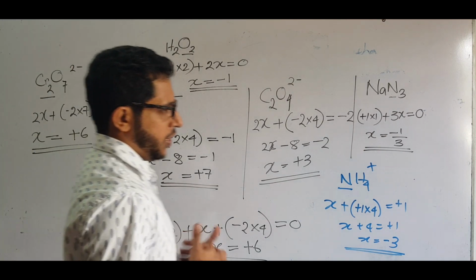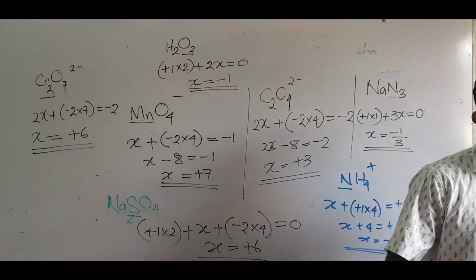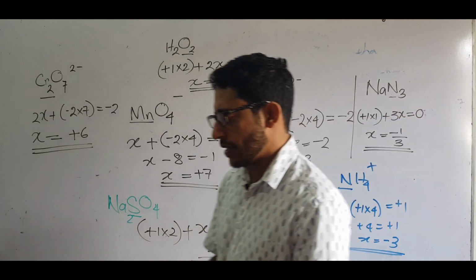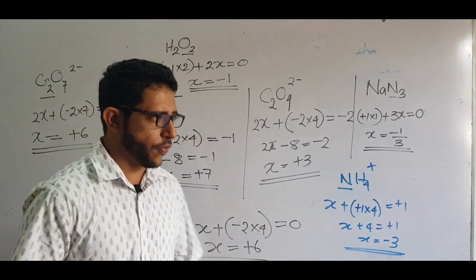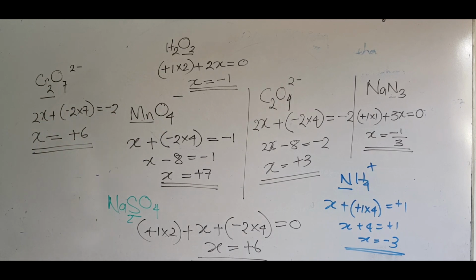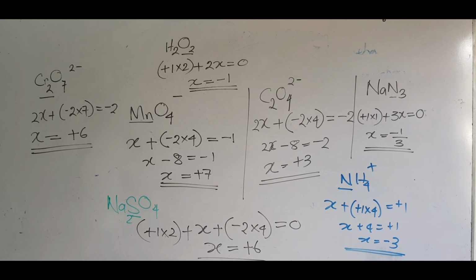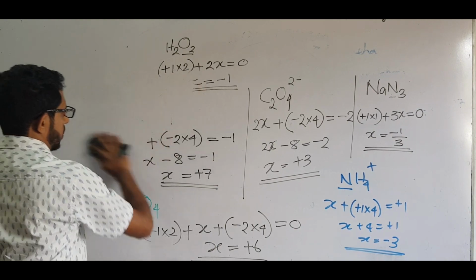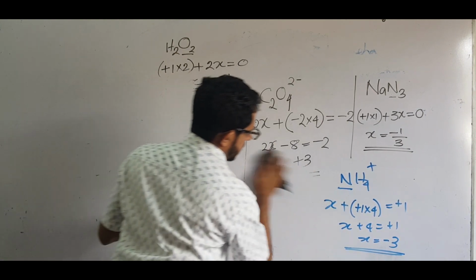If we go to the previous example, the permanganate and C2O4 2- example, we can find which element undergoes oxidation and which element undergoes reduction using the formula we have. So, we will see how to find the oxidation or reduction in that particular reaction.